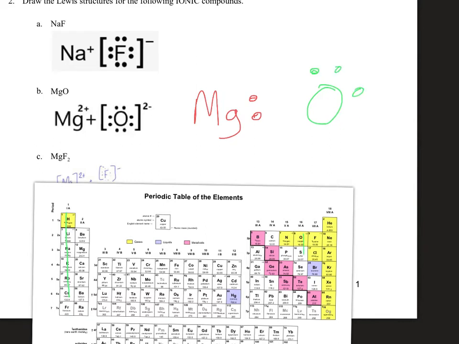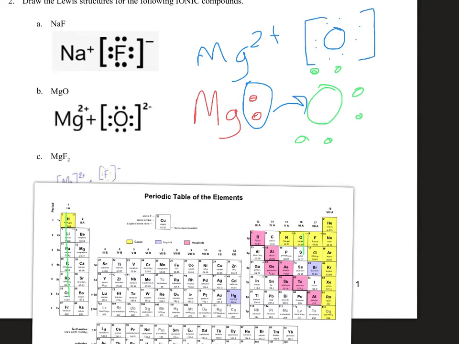So these 2 valence electrons are lost over to that, and so that becomes an Mg2 plus because it loses those 2 electrons. That oxygen now has 8 valence electrons, put them in the brackets to hold them in, and it gained 2 electrons, so it's a 2 minus, hence the Mg2 plus and an O2 minus.